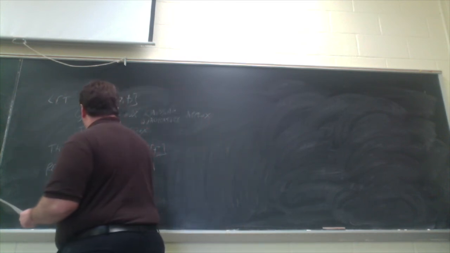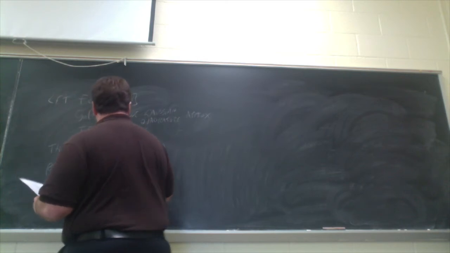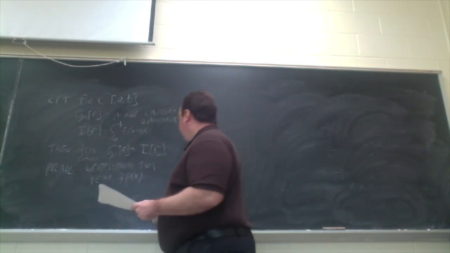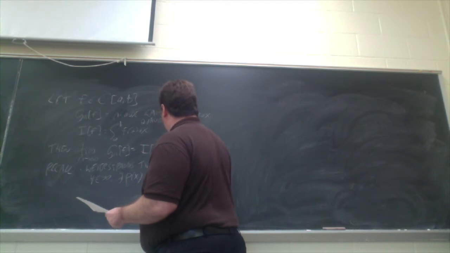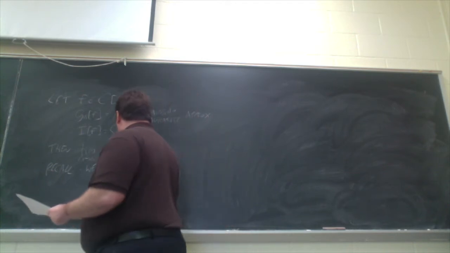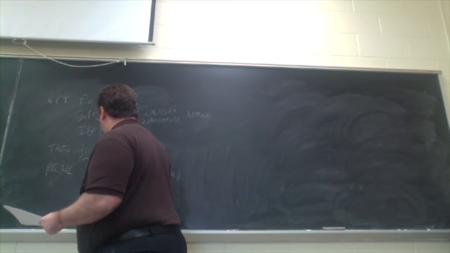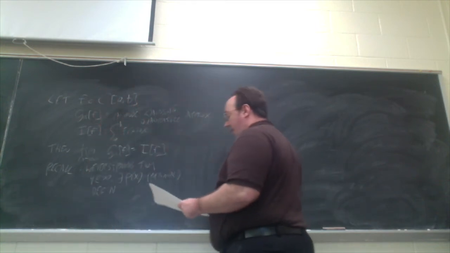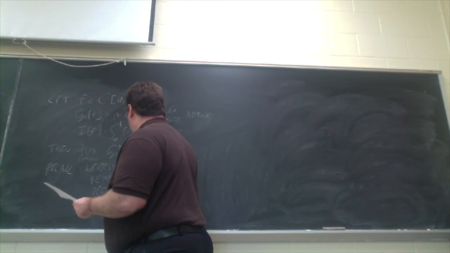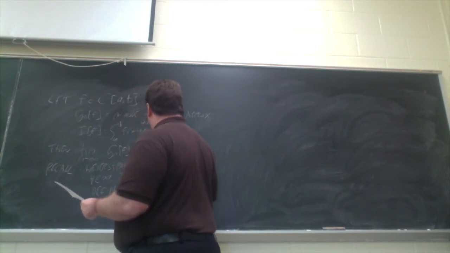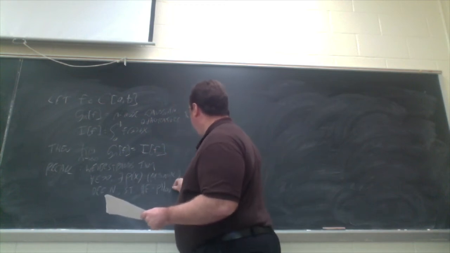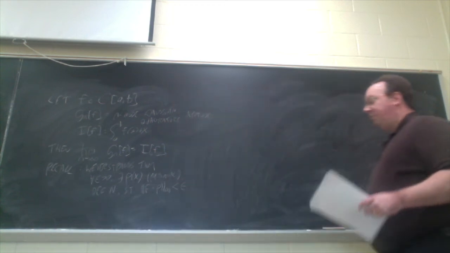It says that for any epsilon, there exists some polynomial p of x, of some degree, a so-called capital N, such that the infinity norm of f minus p, the error, is less than epsilon.